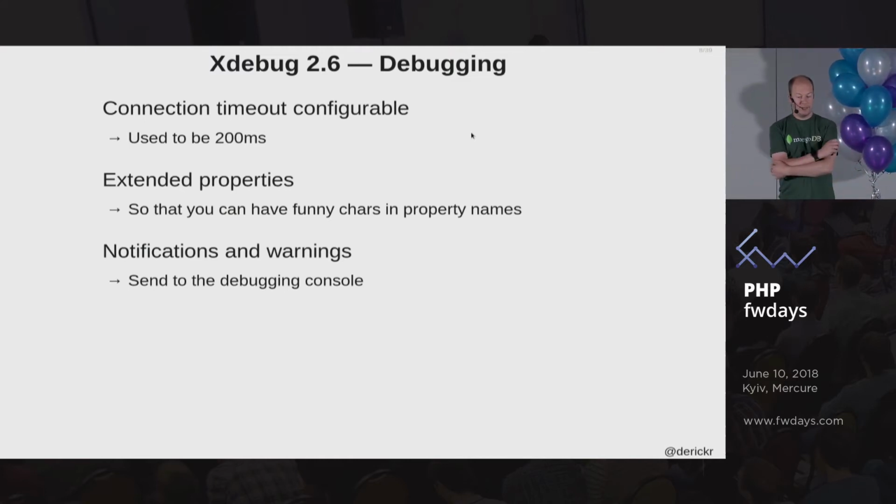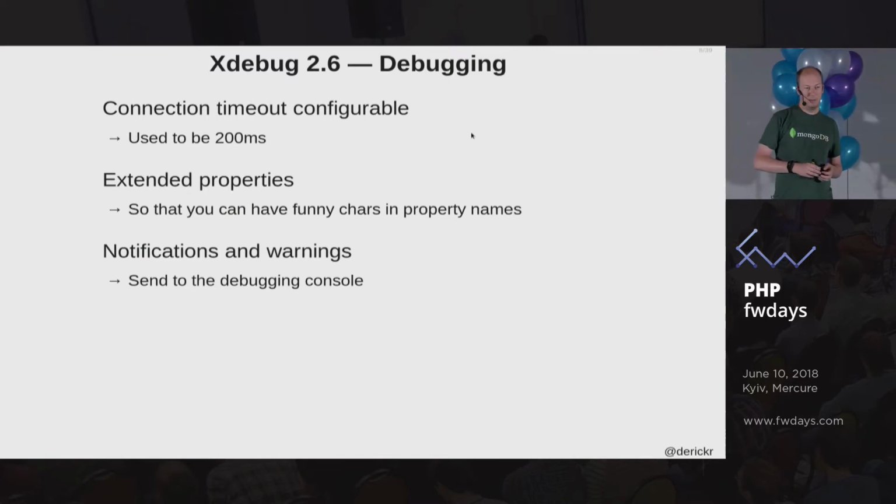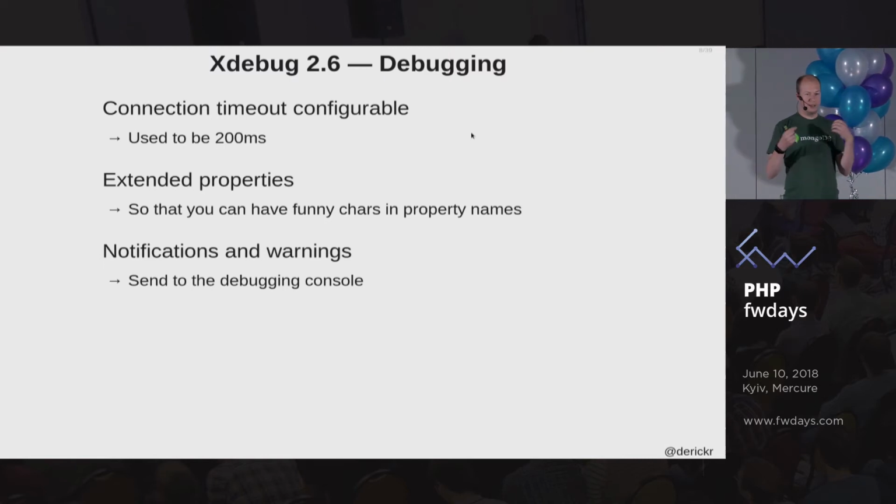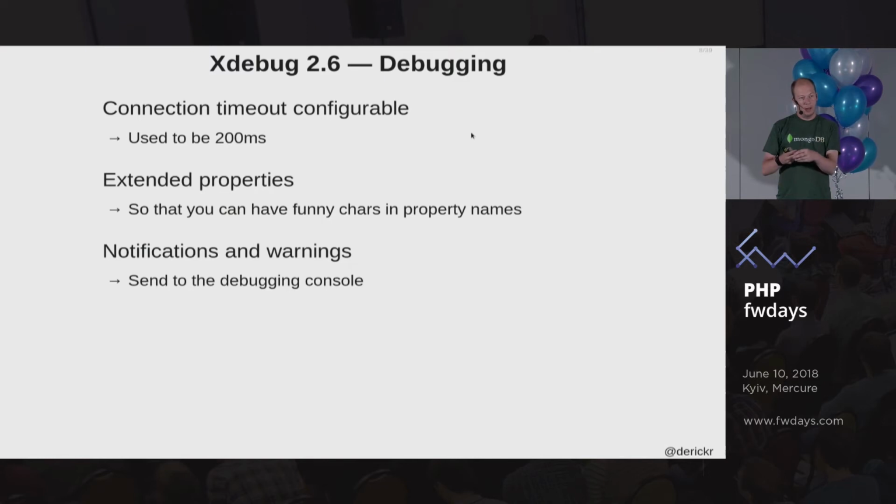The extended properties functionality is something that sounds very simple. What it basically allows you to do is that you can now have array keys that have null characters in them. Now, hopefully not many of you do that by design, but it still happens sometimes. And the way Xdebug's protocol works is it uses XML. And if you have a null character in XML, you can't do that.